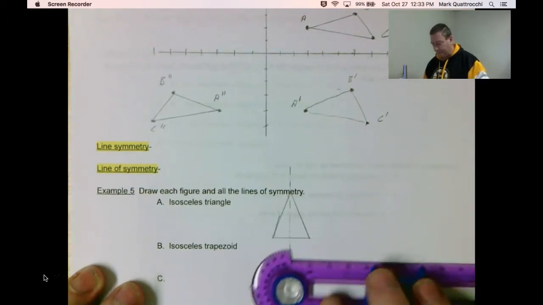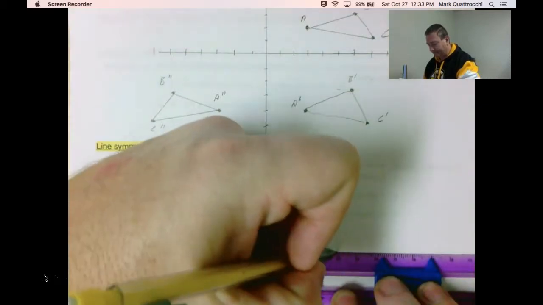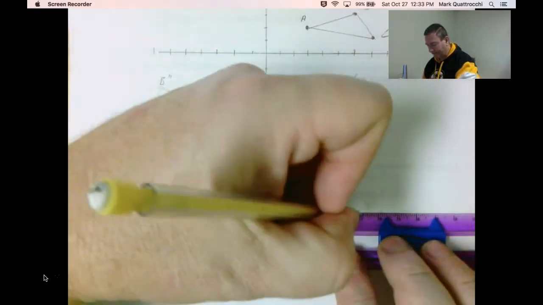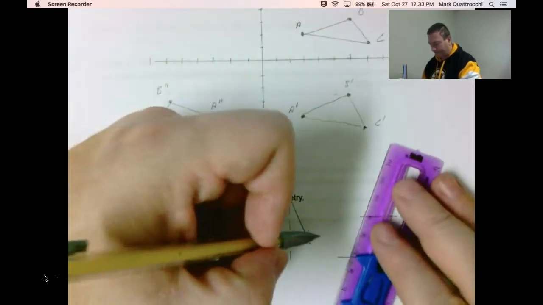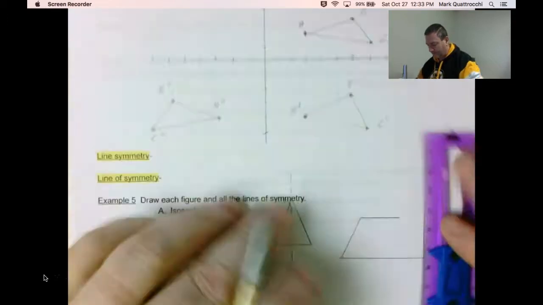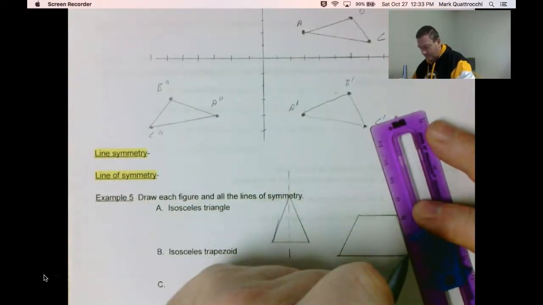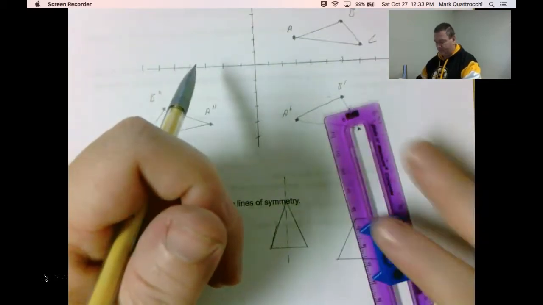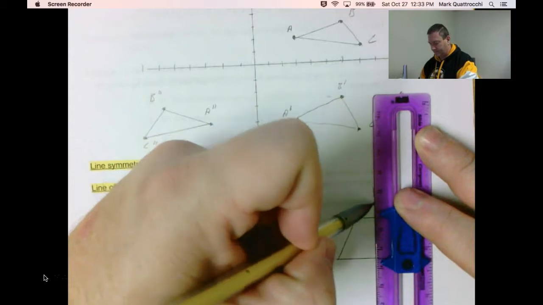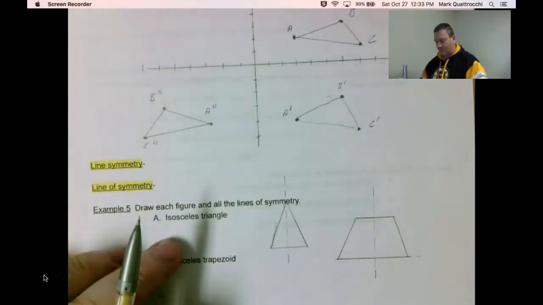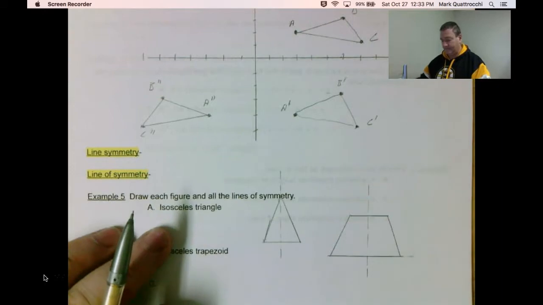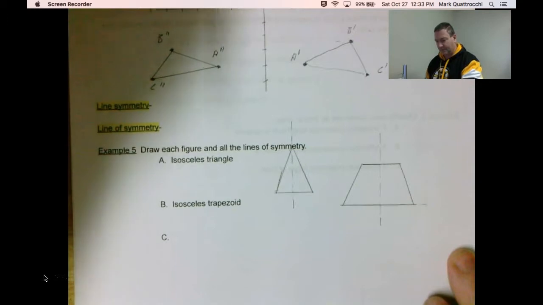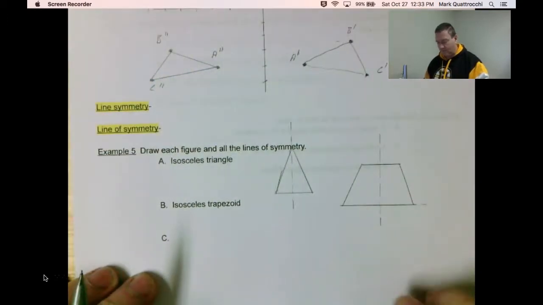Isosceles trapezoid. Do that one over here. Again, there's only one line of reflection going down the middle like that. Isosceles trapezoid. And the picture for part C didn't come out.